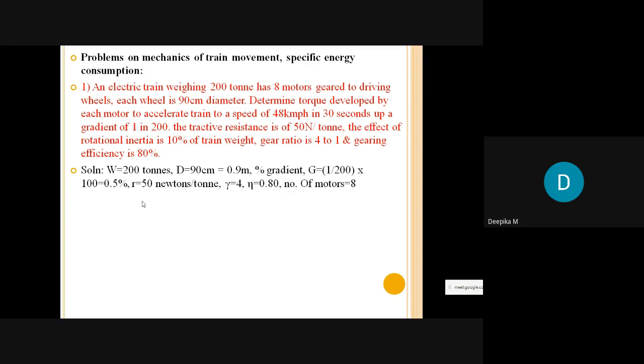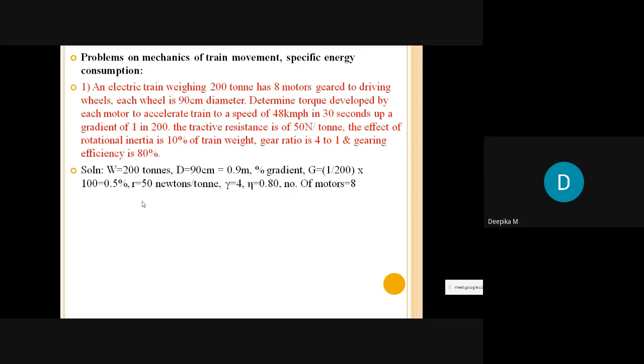So this is the given data, and we have listed it here. You can observe W is 200 tons, D is 90 centimeter. Let us convert it into meter, so it becomes 0.9 meter. We have to calculate the percentage gradient. We calculate it for a track of 100 meter, so we multiply this ratio by 100 to get the percentage, which is 0.5%.